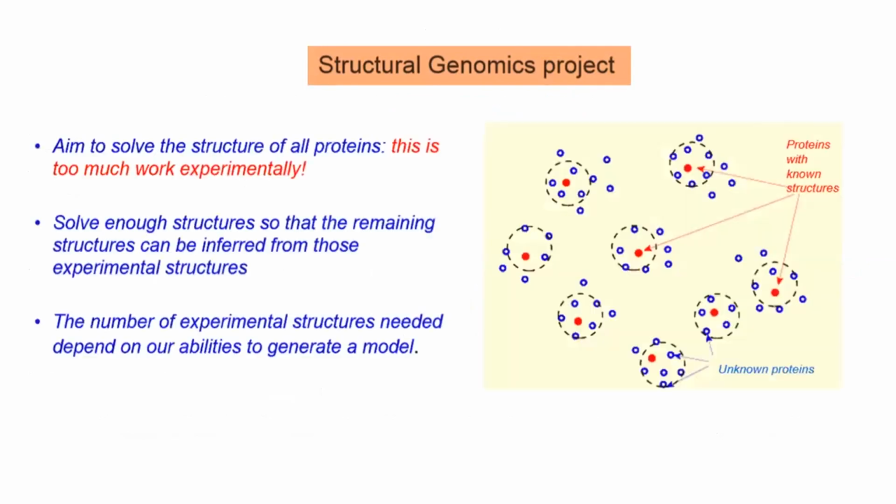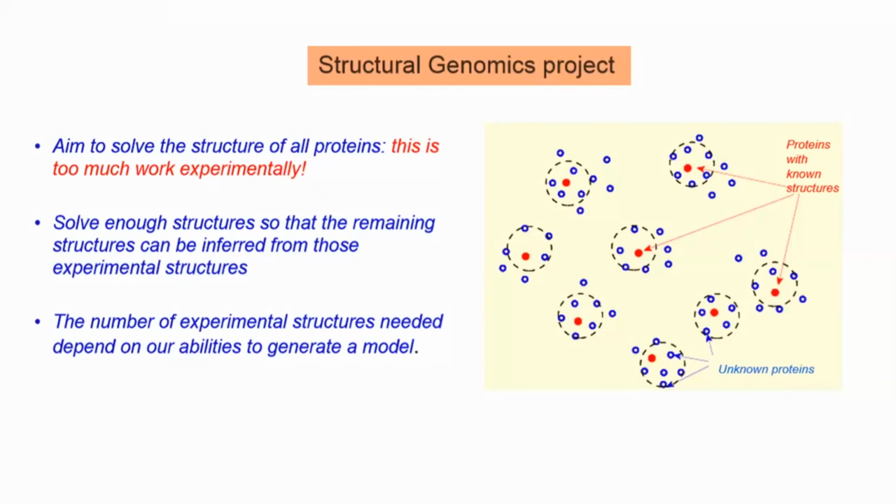In structural genomics projects, many protein structures have been experimentally derived, with three-dimensional structures resolved and stored in databases. Comparing the known and the unknown, the blue circles are the unknown proteins, meaning their structures are not defined, and the red circles are proteins with known structures.